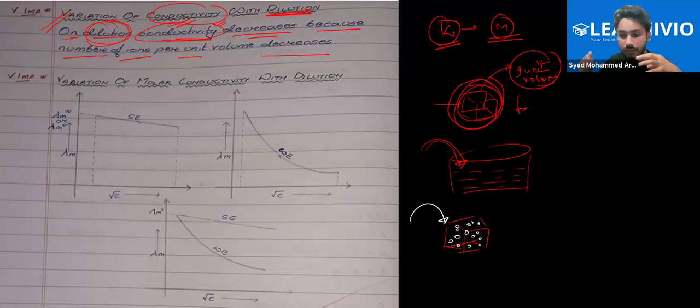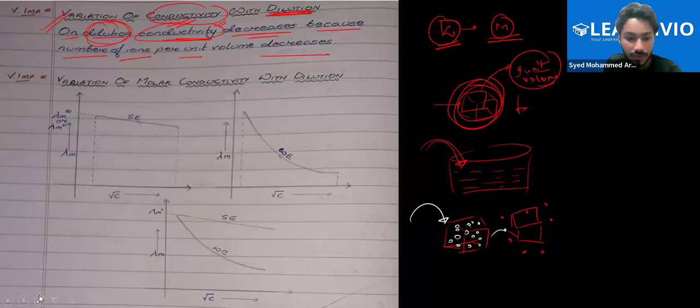After increasing the volume, the number of particles in this volume will be lesser than it was in the previous section. So the number of particles will be lesser in this volume. What has happened here?